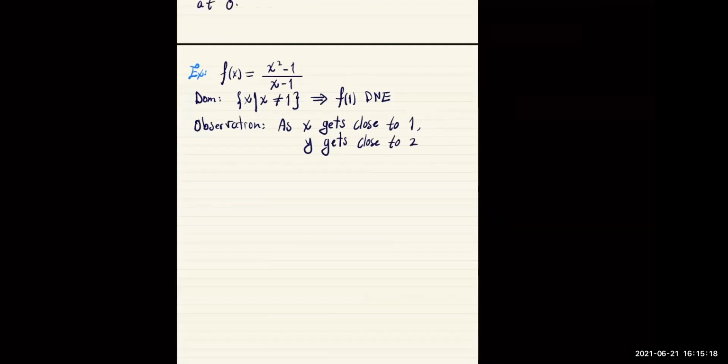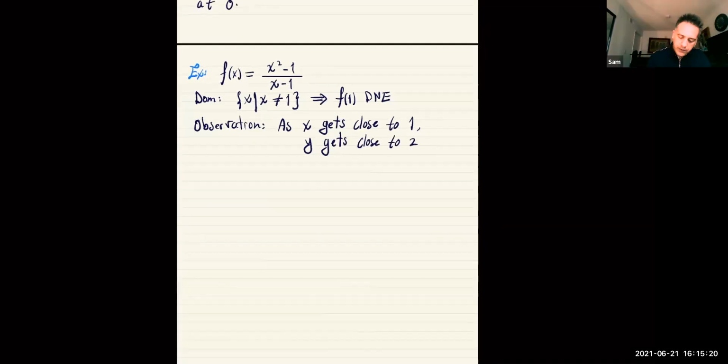All right, so again, we write this using limit notation. The limit as x gets close to 1 of the function, which is x squared minus 1 over x minus 1, is equal to 2.